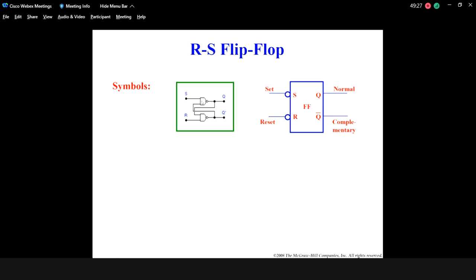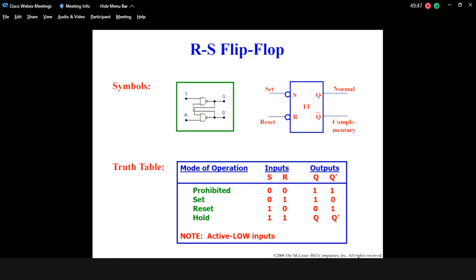And then this NAND gate is connected such that the output of the first becomes the input for the second NAND gate, and the output of the second NAND gate becomes input of the first NAND gate. So the truth table for this flip-flop is presented by this table. And so we have four states here.